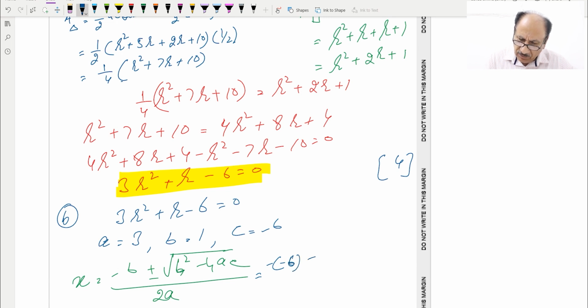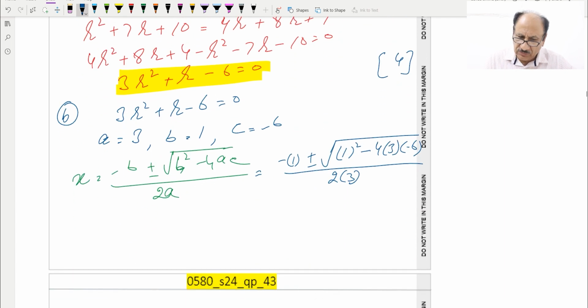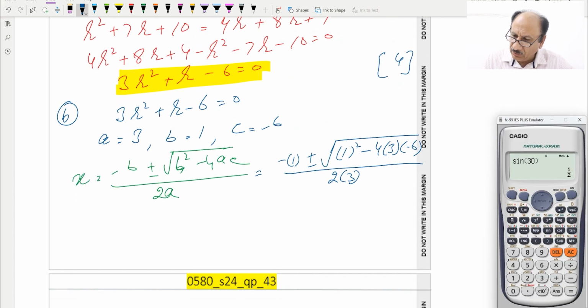Wait, the b value is 1, so minus b value is minus 1, plus minus square root of b square means 1 square, minus 4 into a into c, over 2a, which is 2 into a. Now we can simplify with the help of a calculator. We will be typing this in the calculator minus 1, and once we'll take plus, then next time we'll be recalculating with the minus sign.